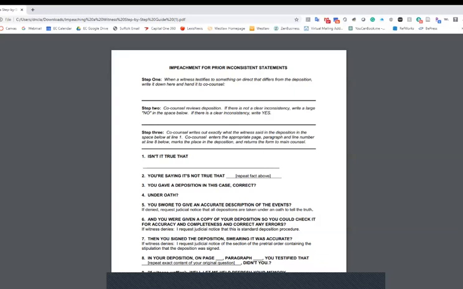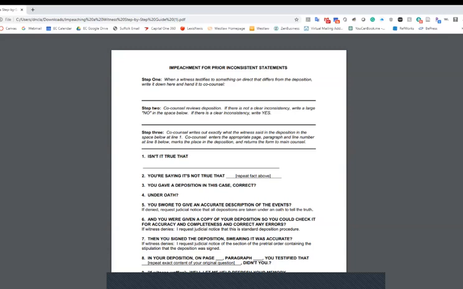And then you just follow these steps, right? So step 1, a witness testifies to something on direct examination that differs from their deposition. You write it down and you hand it to co-counsel. All right. Step 2, co-counsel reviews the deposition. If there's no clear inconsistency, write a large no in the space below.